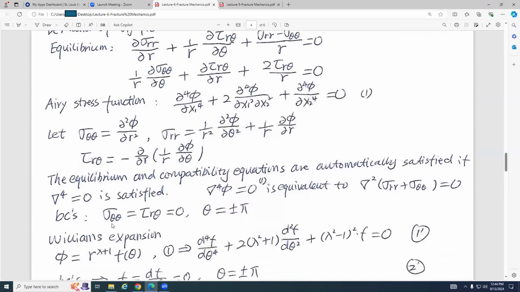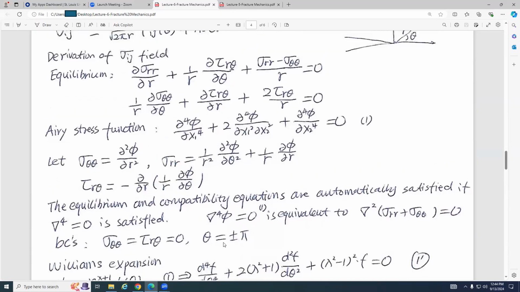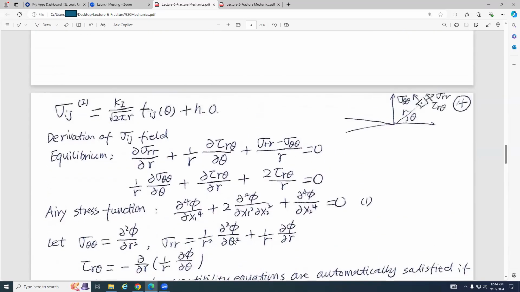You can see the boundary condition, for theta equals positive pi and negative pi. Guys, for this crack, you can see for this position, just see the very sharp crack. So here is a positive pi, and here is a negative pi, right?